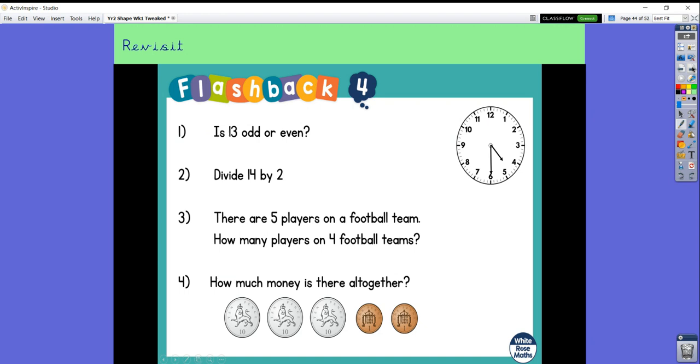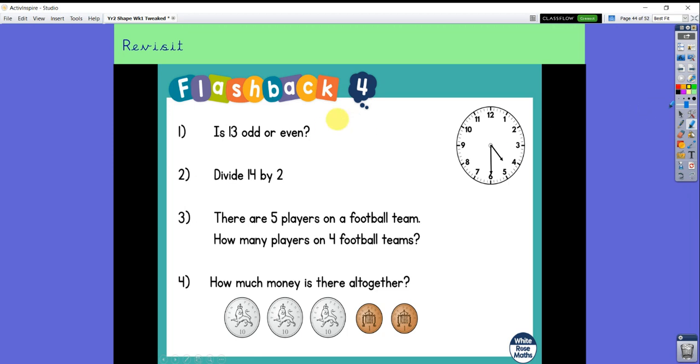So warming up our maths brains first: is 13 odd or even, and have a go at the rest. Off you go. Super. So is 13 odd or even? Can you remember that our even numbers like to have a partner? So let's have a look.